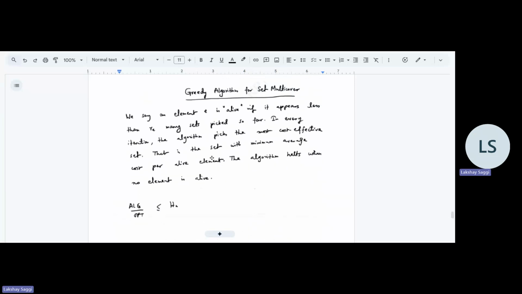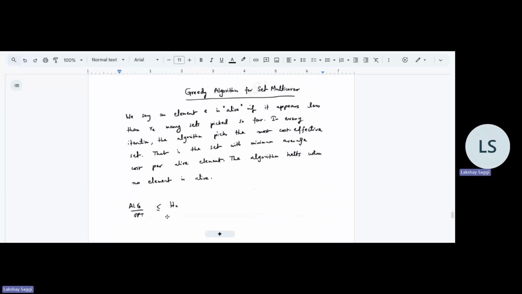It was shown in the lecture videos using dual fitting that this greedy algorithm is quite similar in spirit to the set cover algorithm. We have just changed checking if an element is covered at least once to checking if the element has been covered at least RE times. Using dual fitting it can be shown to be Hn approximate.